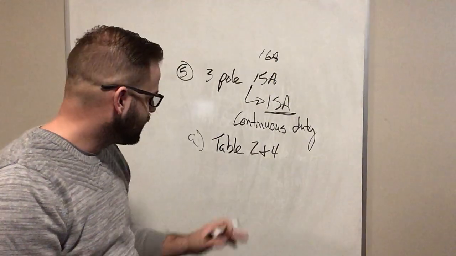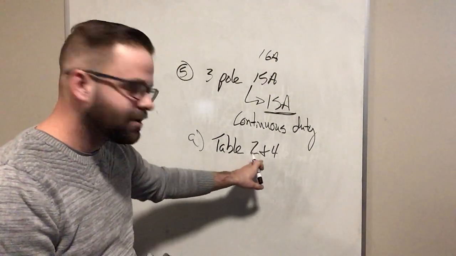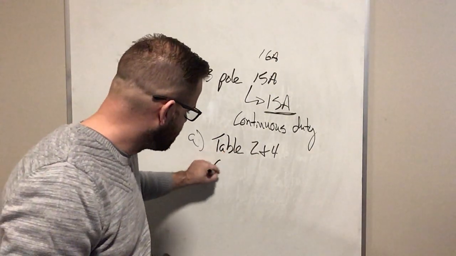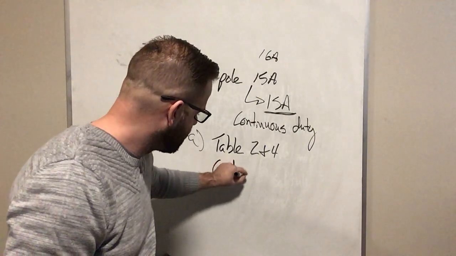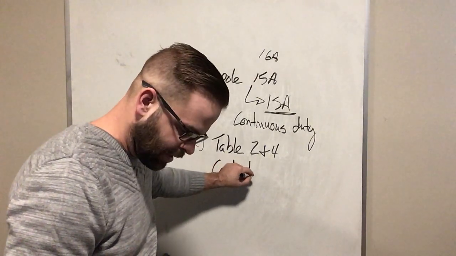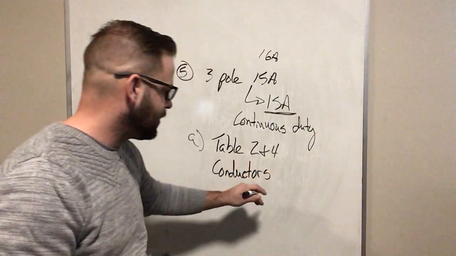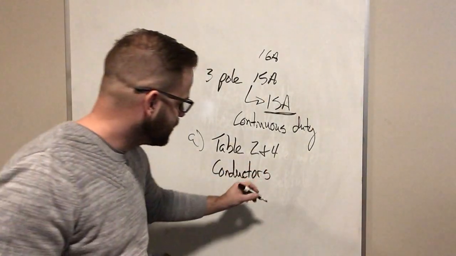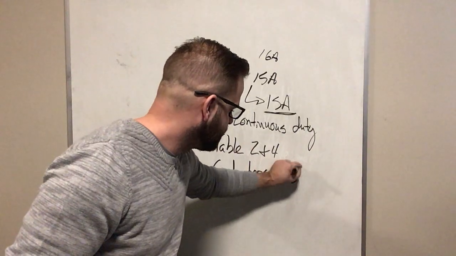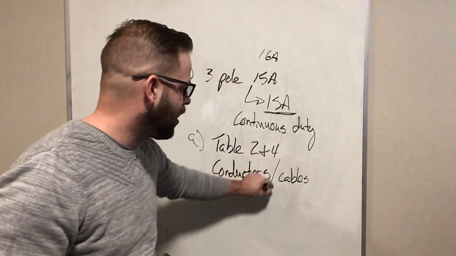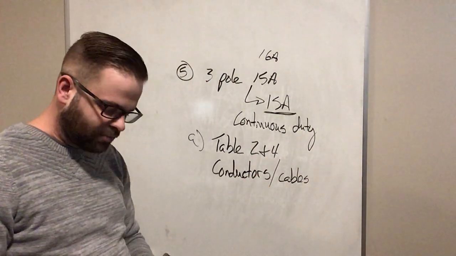But with option A, it's based on table 2 and 4 because it's conductors in cables. So there's multiple wires in that. So that's what it refers to.